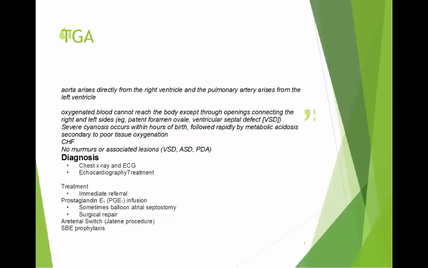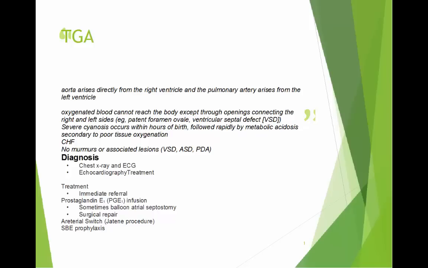Treatment is basically, again, prostaglandin, balloon atrial septostomy, and surgical repair of the vessels. For severely hypoxemic neonates who do not immediately respond to prostaglandin or who have a very restrictive foramen ovale, cardiac catheterization and balloon atrial septostomy, which is called the Rashkind procedure, can immediately improve systemic saturation.